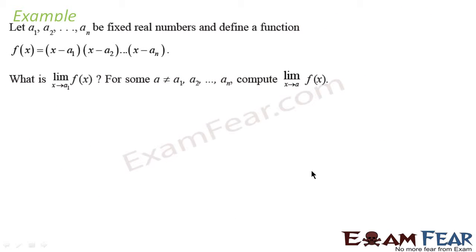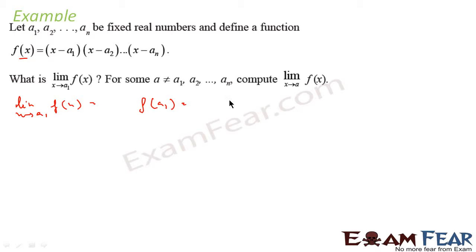In this example, we are told that there is a function. Its value is (x minus a1) into (x minus a2) into (x minus a3) into (x minus a4) and so on up to (x minus an). And we have to find the limit of f(x) where x is tending to a1. To do that, we'll just put x equal to a1 and we'll see if it is not infinite, then that is the value. So we'll try first f of a1.